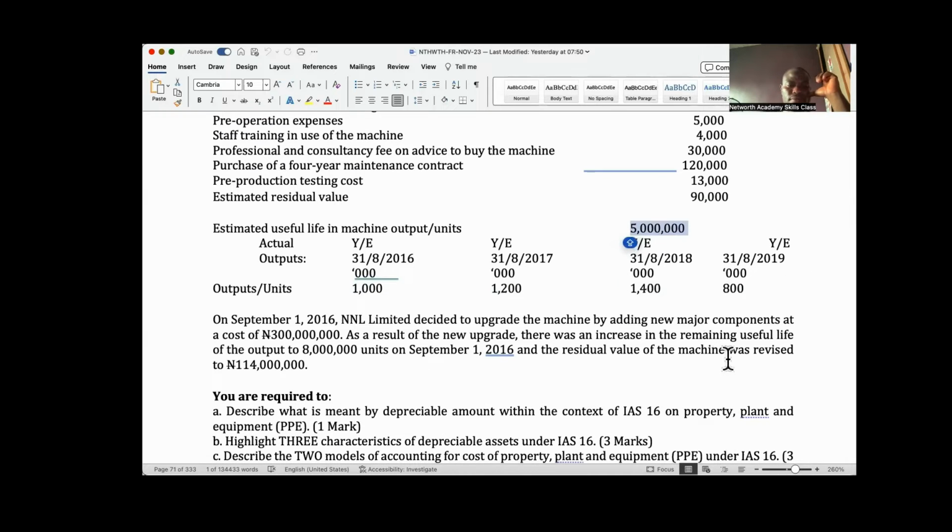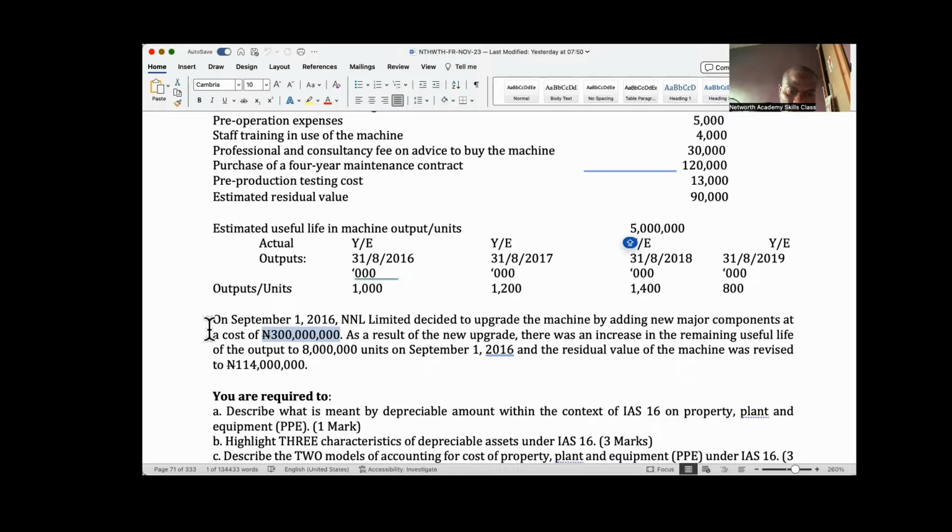It now went forward that on 1st September 2016, NNL Limited decided to upgrade the machine by adding new major components at a cost of 300,000. As a result of the new upgrade, there was an increase in the remaining life to 8 million. That shows that this 300,000 should be capitalized, because I told you that you only capitalize the subsequent costs.